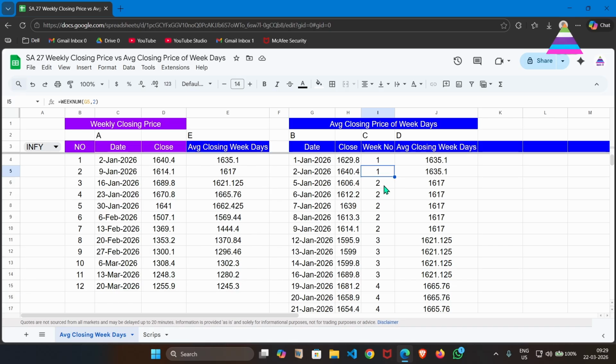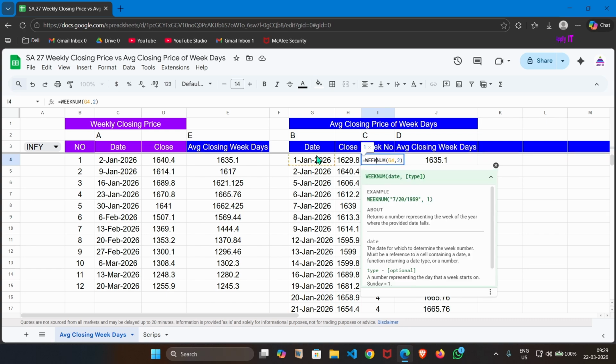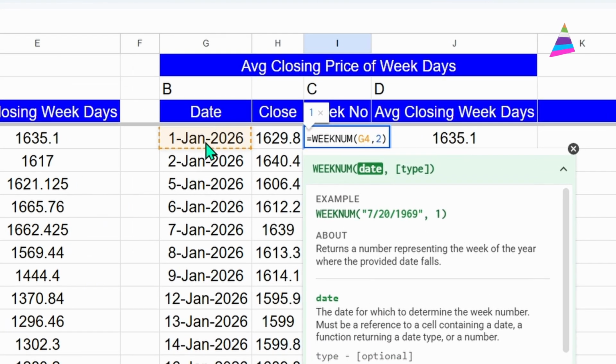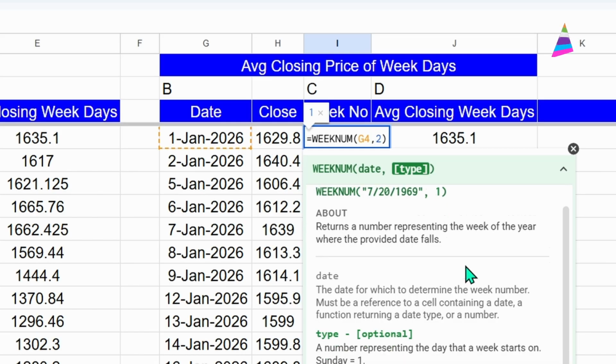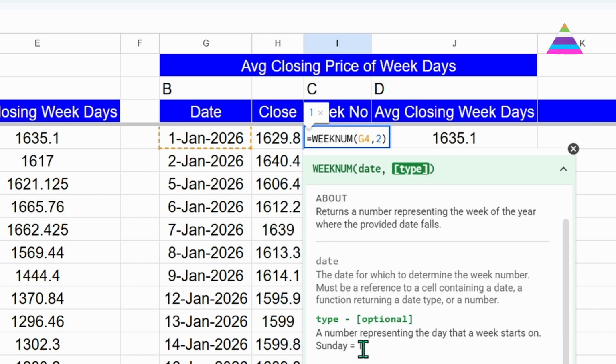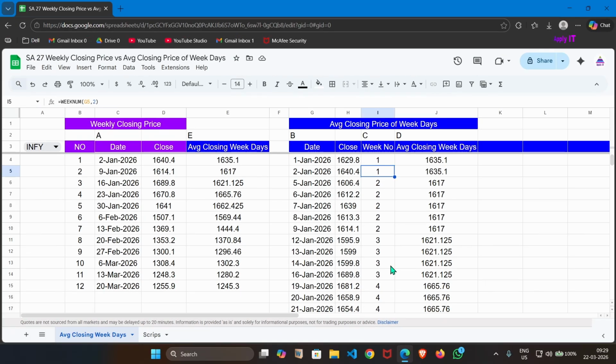The formula is WEEKNUM. We want the week number for the date present in the G4 cell, and the second parameter is which day we want to consider as the starting day. Here you can see in the example, Sunday is given as 1. We want to consider Monday as the starting day of a week, so we pass 2. Once we give this, it will give us the week number.